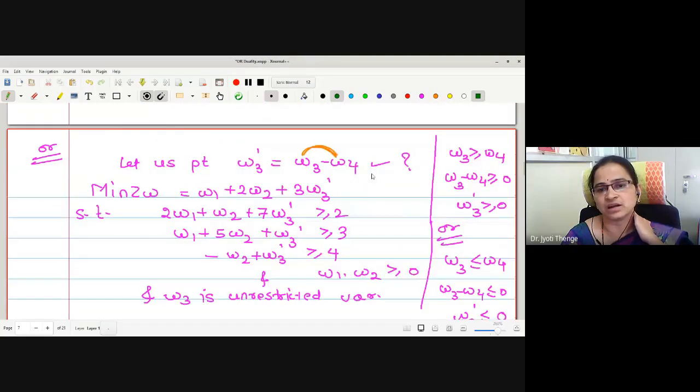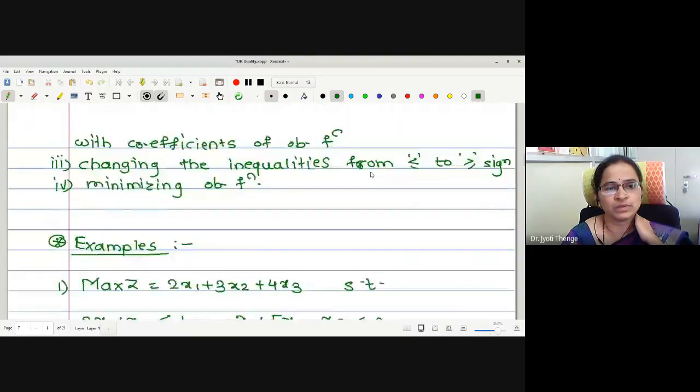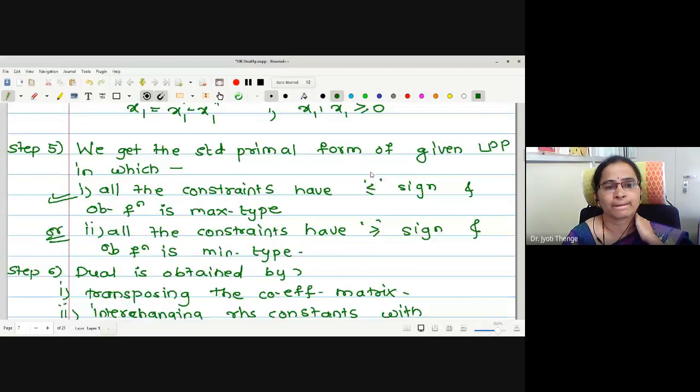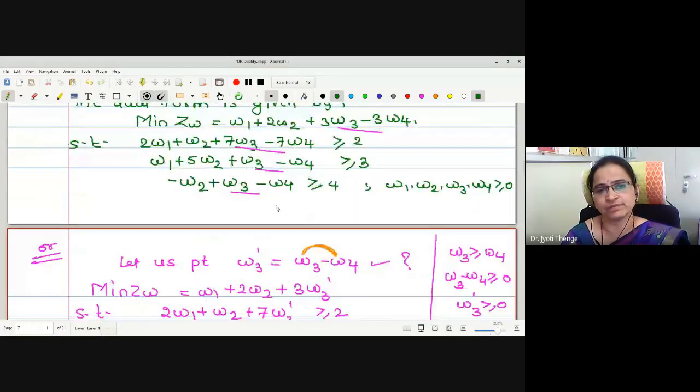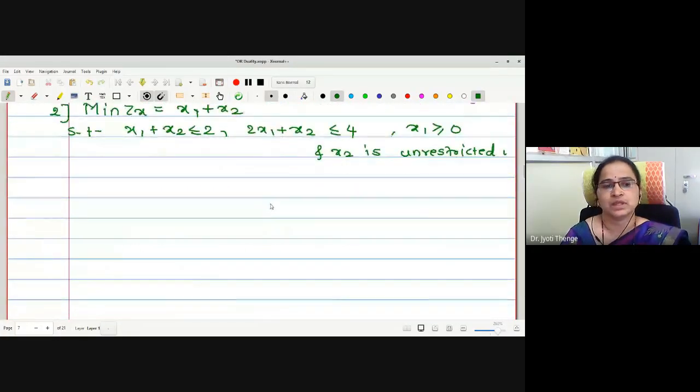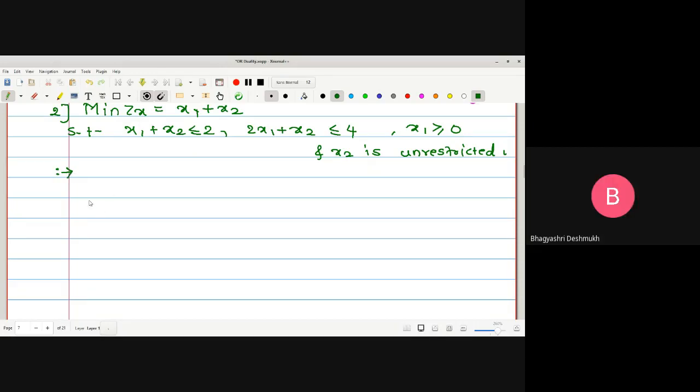Whenever a variable is unrestricted, what does the algorithm tell us? Every unrestricted variable is replaced by the difference of two non-negative variables. So here we will follow this step. First we check whether the given primal form is in the standard form or not. Is it in the standard form? No.